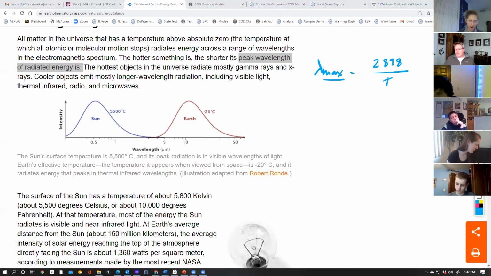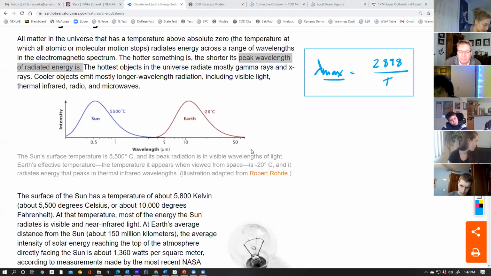Say this in English. Say that in English for me. Could I say lambda max is inversely proportional to the absolute temperature as long as C is equal to 2,898? And since I just put the number in there, it's always 2,898. That's always true. It's a true constant.